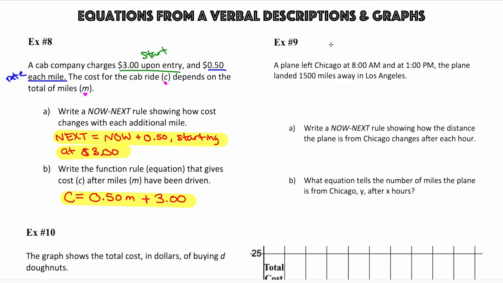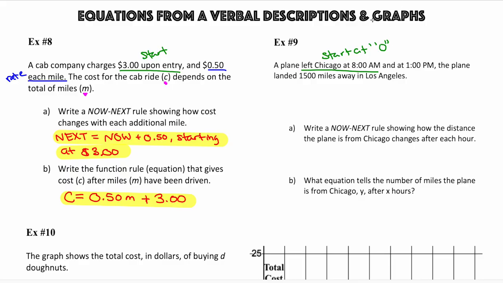So information: a plane left Chicago at 8 a.m. This is the time that it started at. So it starts at 0. The plane will land 1,500 miles away in Los Angeles. So that's the distance.